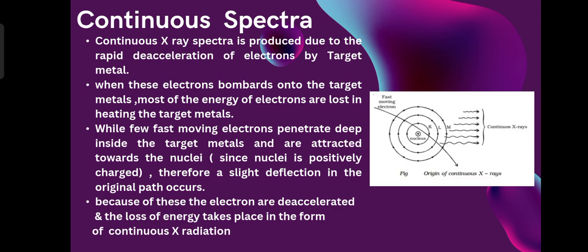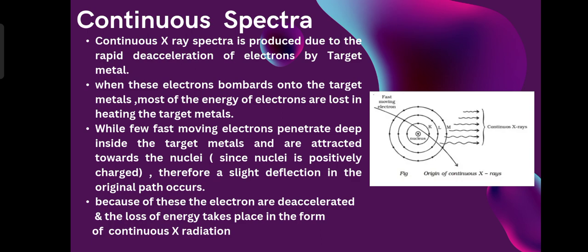Upon striking, these electrons penetrate deep inside these atoms and move towards the nucleus. They get attracted towards the nucleus because electrons are negatively charged and the nucleus is positively charged, and therefore the electrons undergo slight deflection.